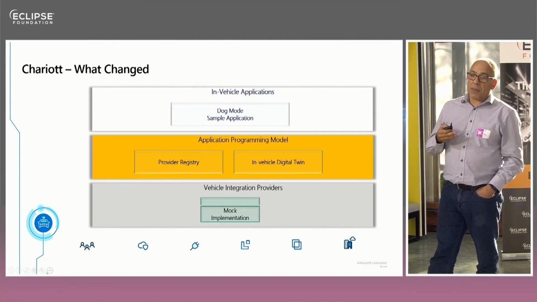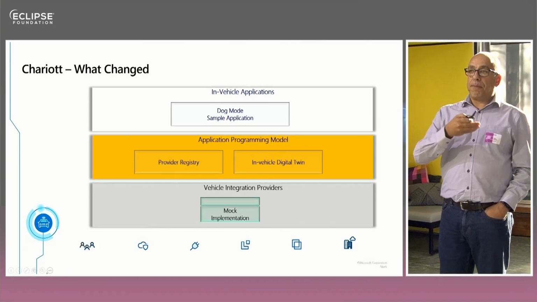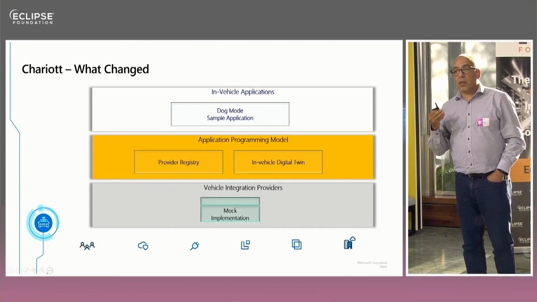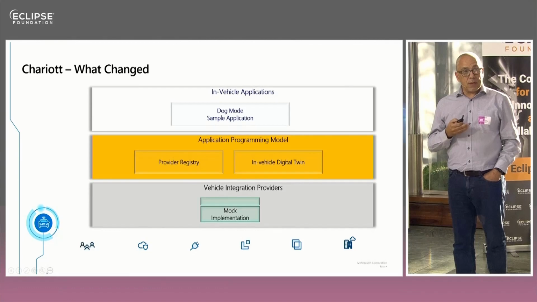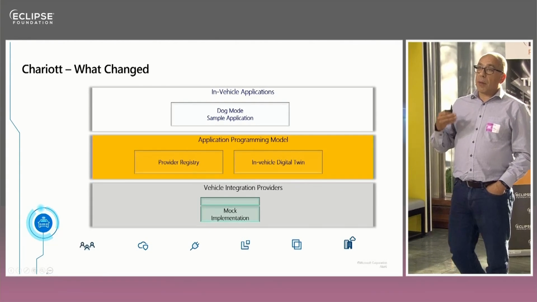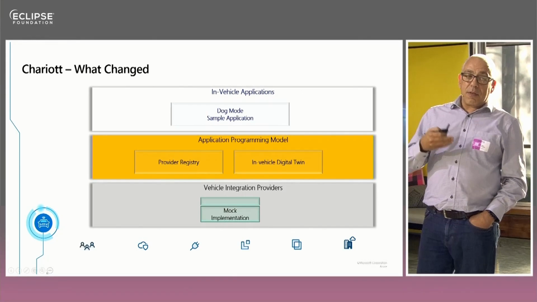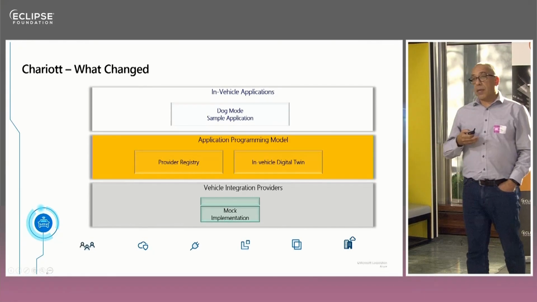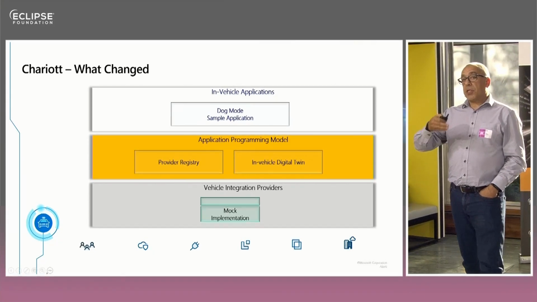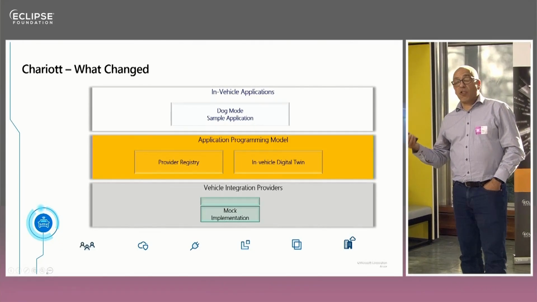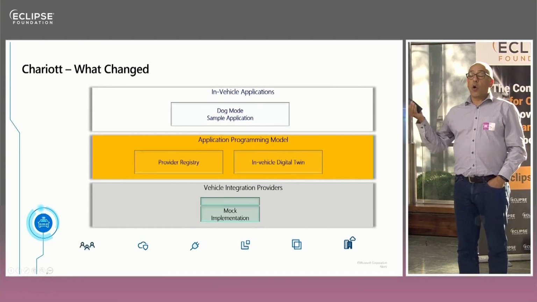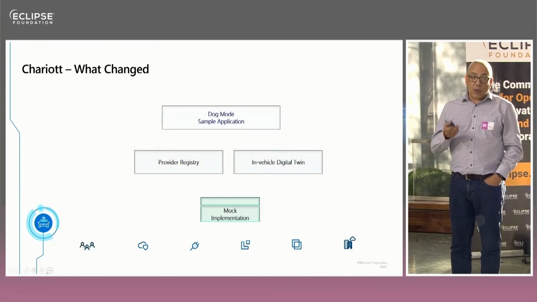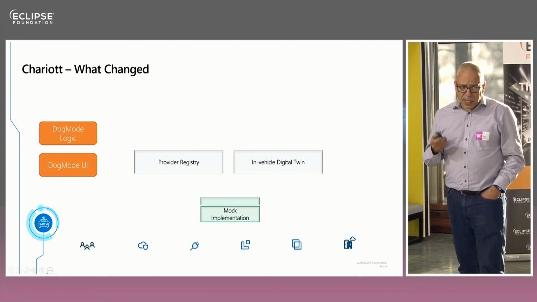And in the code and in the long video that we are going to make public, which is a 20-minute video, we also highlight how, for example, with the concept of constraints and policies, your application can say to the application programming model, I need to do this dog mode detection, but if I don't get a response within 10 milliseconds or 1 second, the provider itself with the application programming model can make a decision on a policy to run the call in the cloud or in the vehicle itself. So essentially, we abstract the concept of the capability itself. And so this is a little bit of what this diagram is all about.